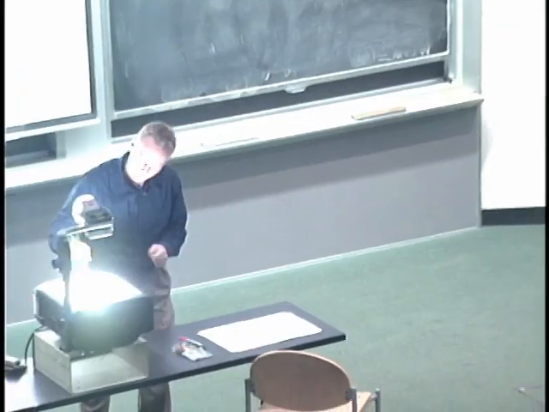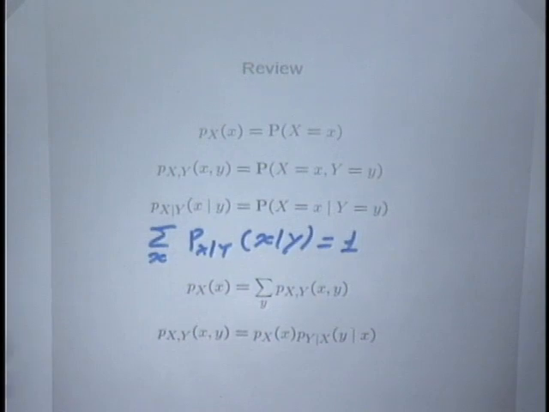Now, the probabilities over all x's, of course, need to add to 1. So we should have a relation of this kind. So they're just like ordinary probabilities over the different x's in a universe where we are told the value of the random variable y.